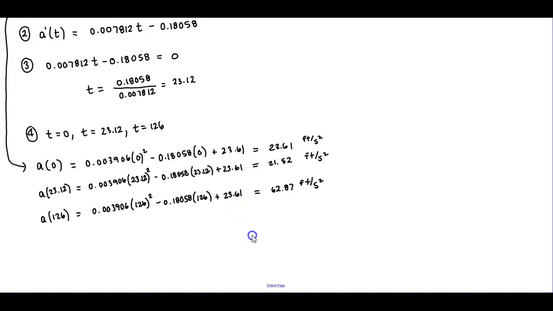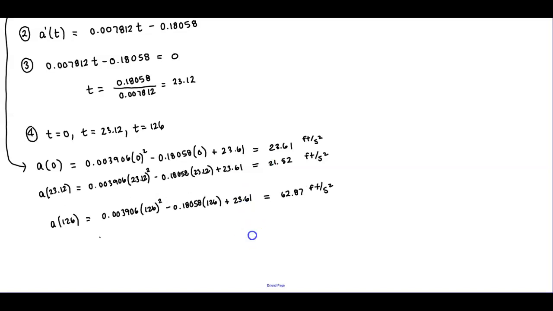So let's take a look at all three of these points. We have a point at 0, 23.61. We also have a point at 23.12, and that gives us a y value of 21.52. And then we have 126 and a value of 62.87.